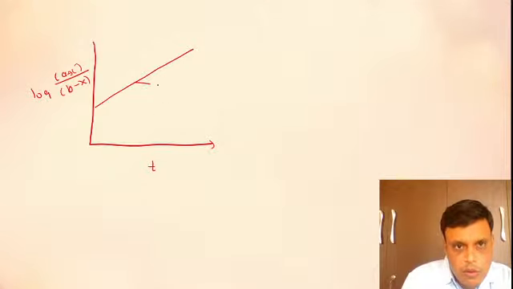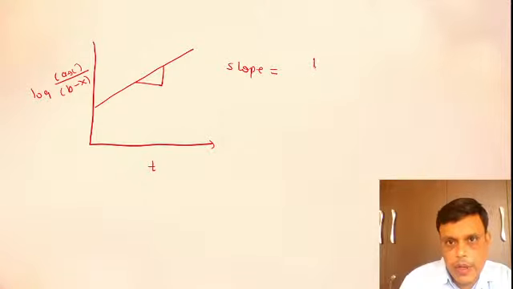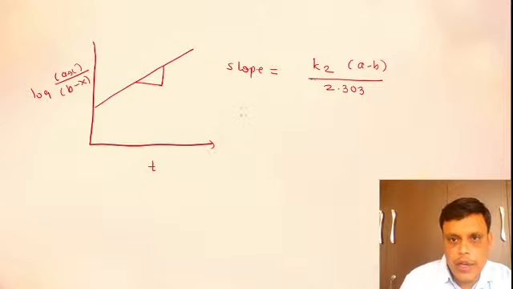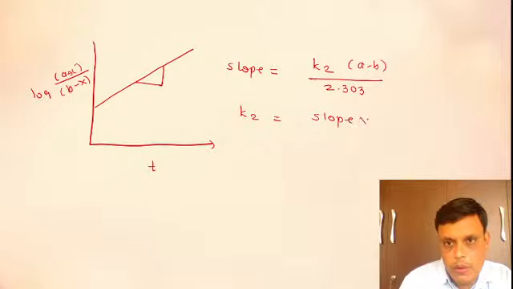The slope is equal to K2 (a minus b) divided by 2.303. In terms of K2, K2 is equal to slope into 2.303 divided by (a minus b).